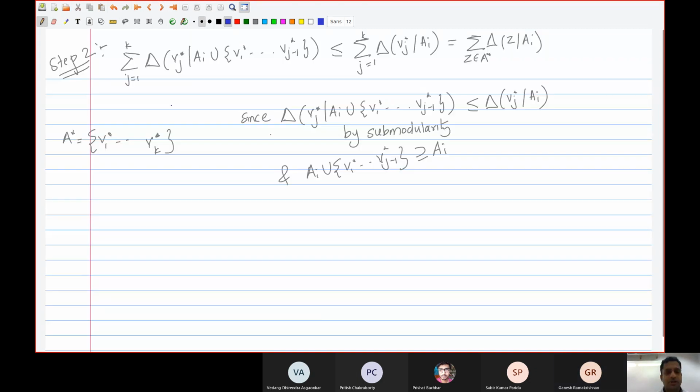So let me elaborate step 3 here. Since Vi plus 1 is the argmax for all the elements in V which are not in AI. When I was at AI, I tried to find the next element which gives the maximum gain, by virtue of the greedy algorithm itself, right?